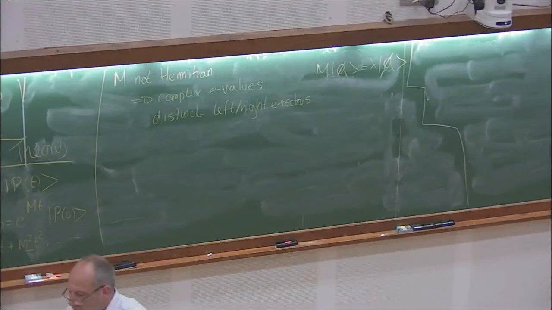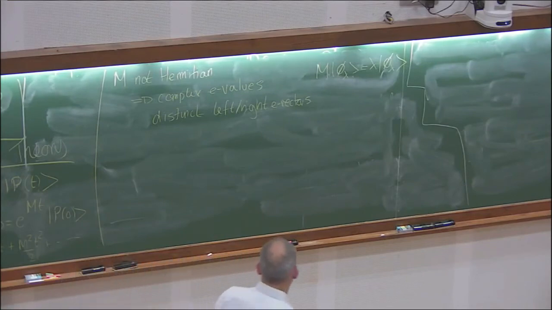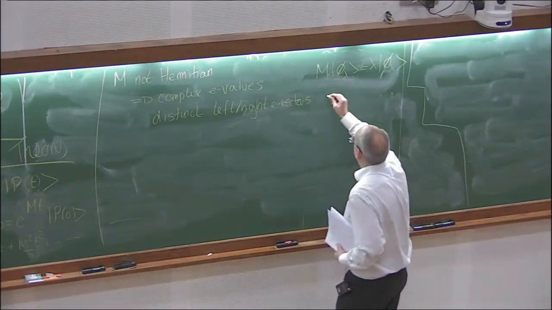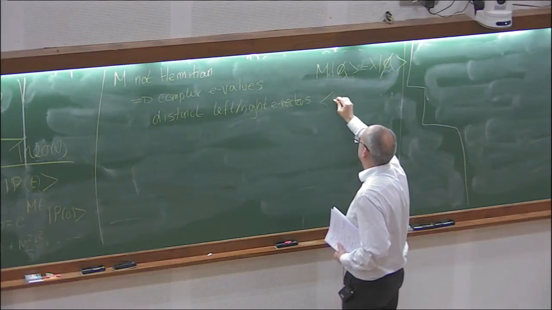Okay, so I'm just going to assume it's diagonalizable. That doesn't impose any stringent constraints. Okay, and then the left eigenvector.